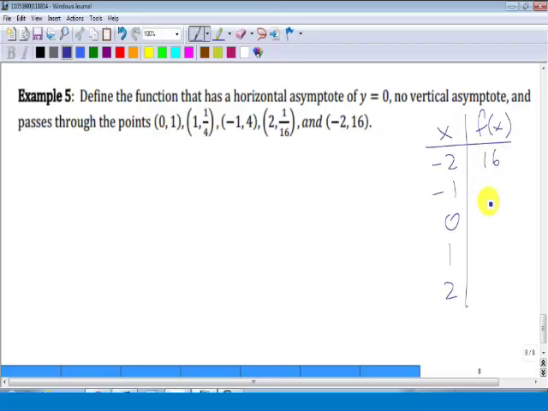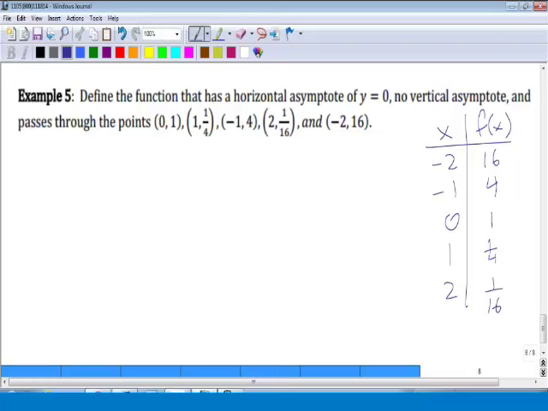It's 16. And what's happening with -1? 4. And with 0, there's a 1. And with 1, there's a 1/4. And with 2, there's a 1/16. Can you answer this question? Is there something that's happening consistently from point to point to the y-coordinates every time we increase the x-coordinate by 1?